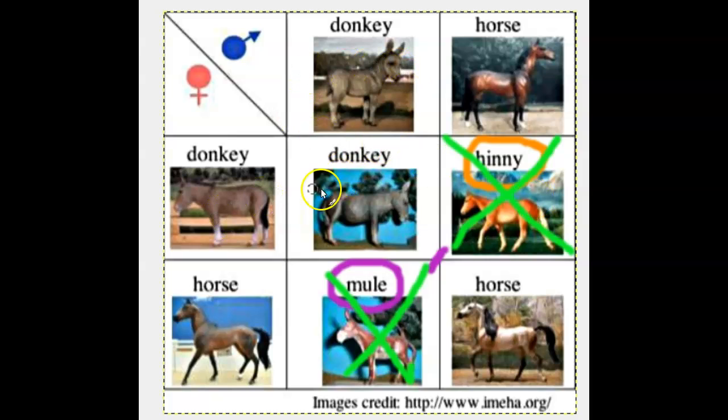So a donkey with a donkey will give you a donkey, a horse with a horse will give you a horse, a horse with a donkey will give you a hinny, and a donkey with a horse will give you a mule. So that means donkeys and horses are not the same species. Both these offspring cannot produce offspring. Hinnies and mules are sterile.